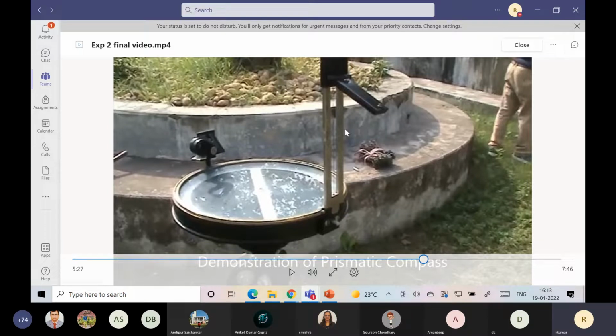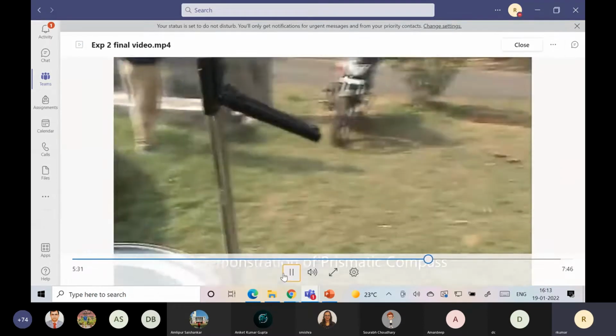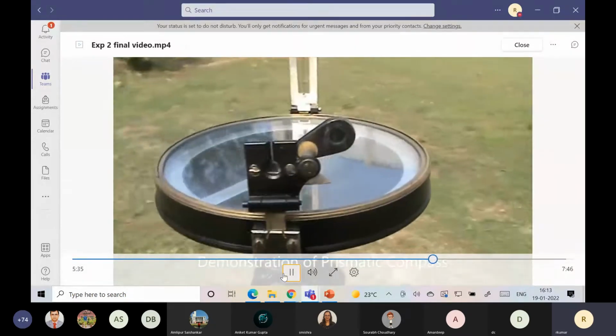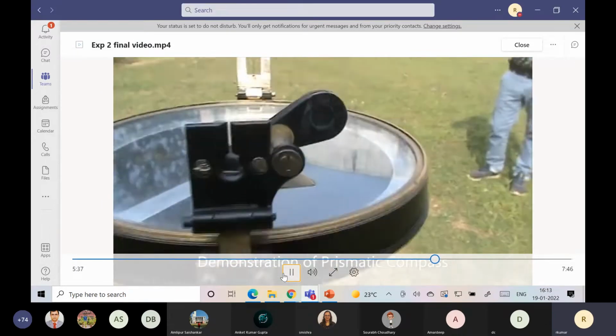Now if you want to see, from this side we have to see the reading. From here you will see the reading. That side is the horsehair that will bisect your ranging rod.